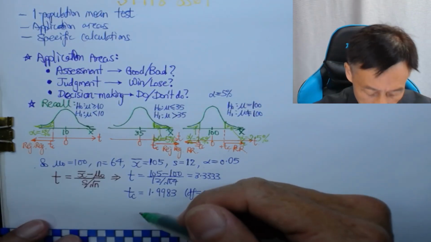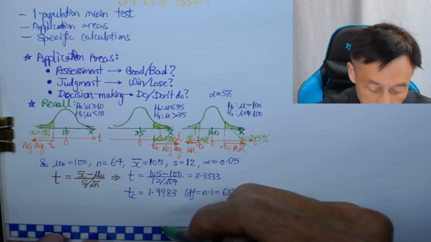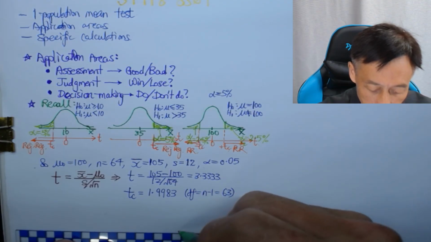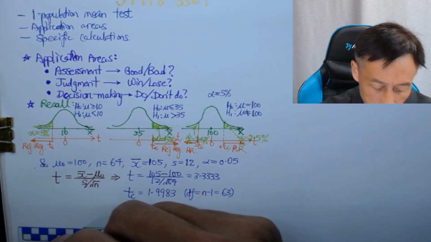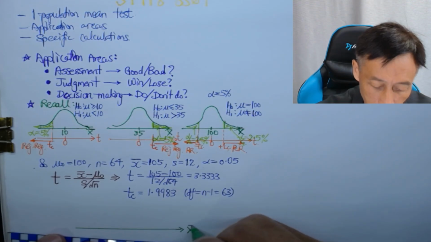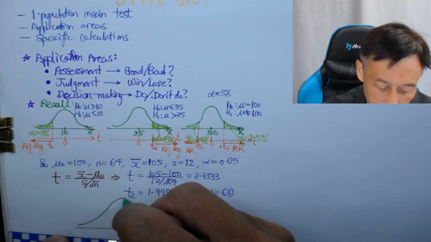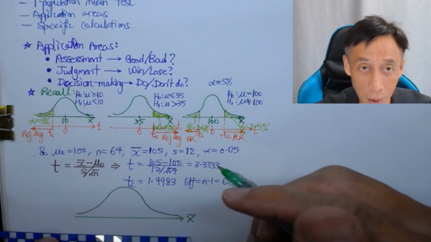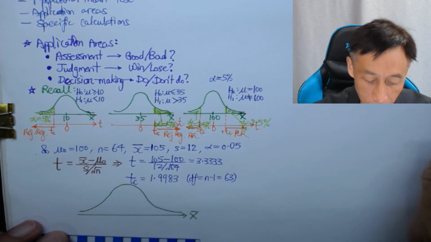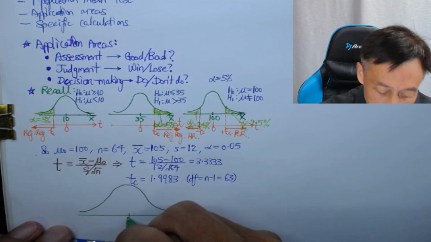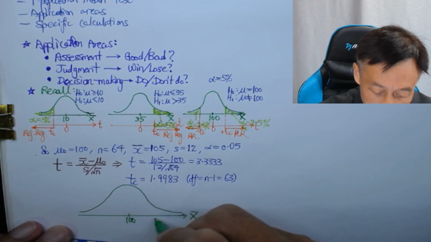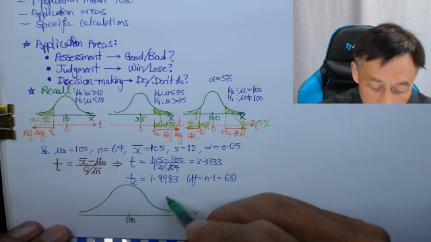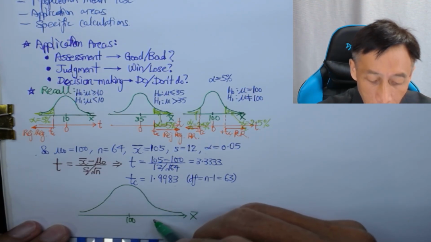Okay, so if we enlarge the graph a little bit, x bar, do a nice bell curve, I hope. Freehand, all right, not bad. Okay, and we can write down 100 here. And the 1.9983 boundary doesn't lie on the x bar axis.